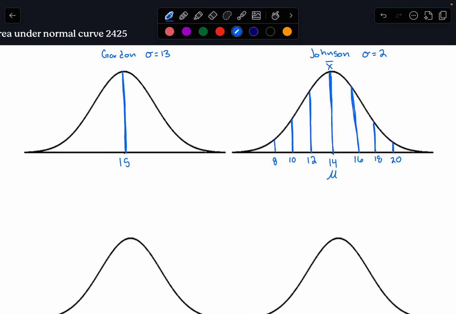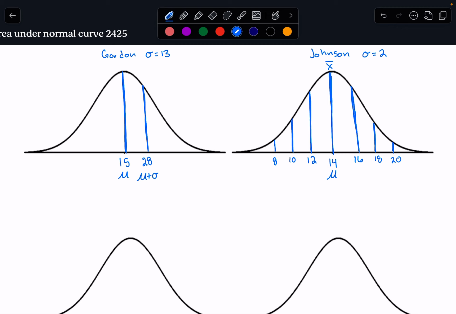Now, Eric Gordon, his average is 15. So that's right in the middle. And then I go up 1 standard deviation. So I go up to 28. Another way that I could write that is I started at the average and I went up 1 standard deviation. So I could write average plus standard deviation.